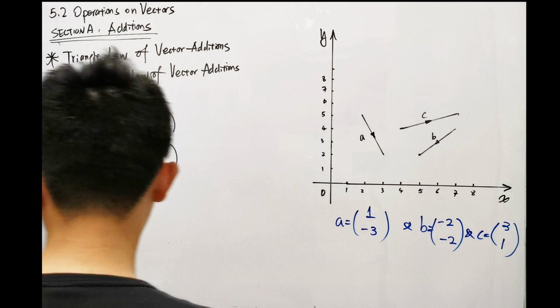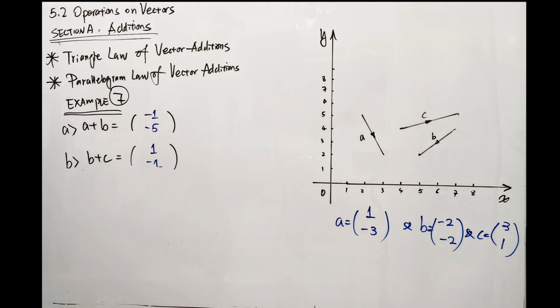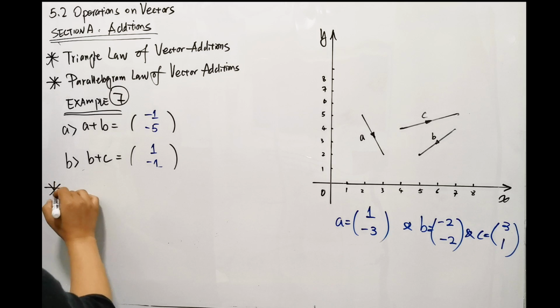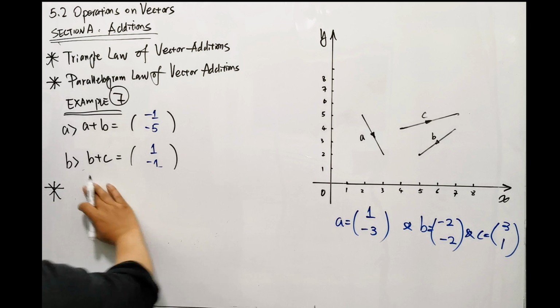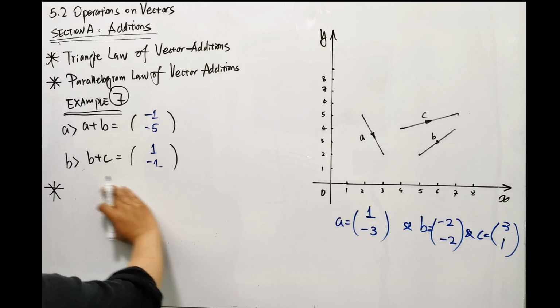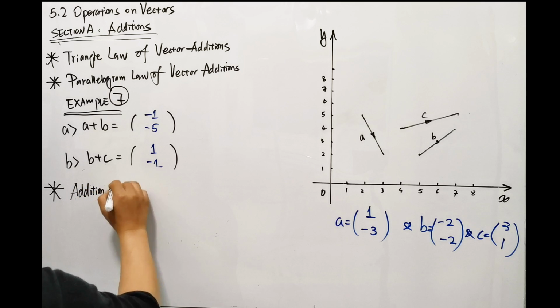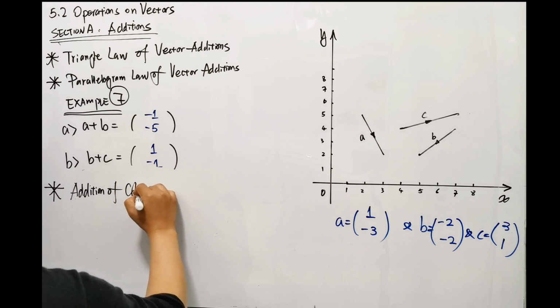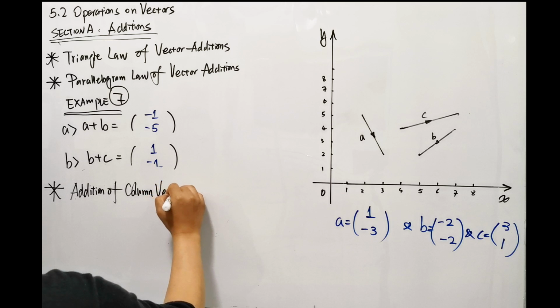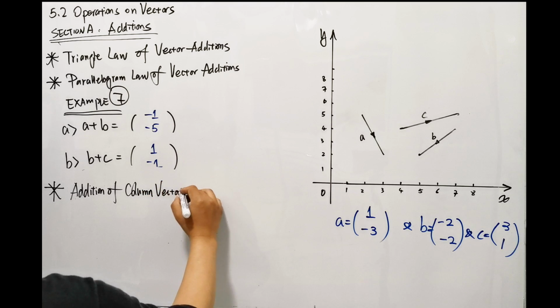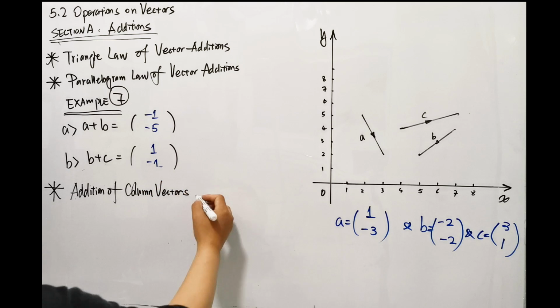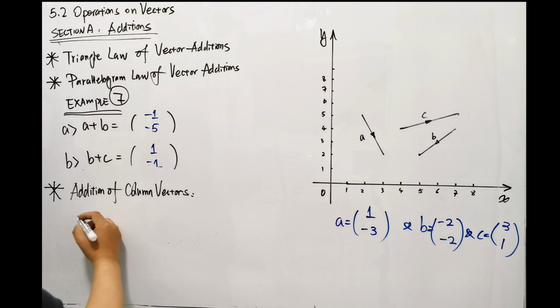Now we have a very important concept here. In general, addition of column vectors can be done by adding their x components to x components.